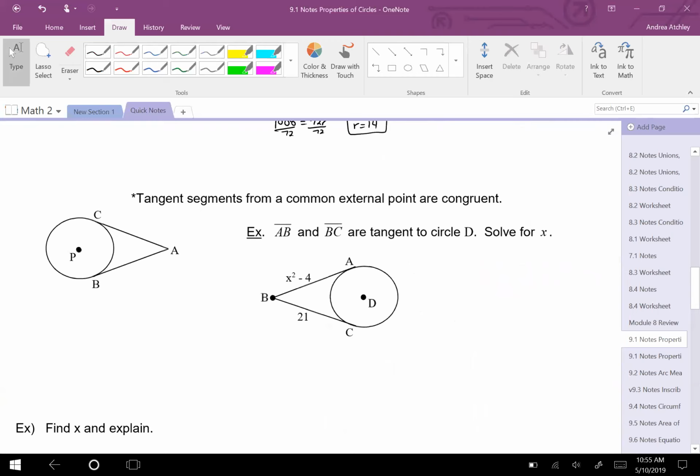Okay, another theorem is tangent segments from a common external point are congruent.